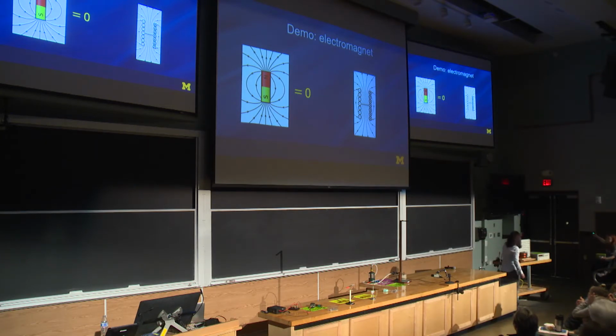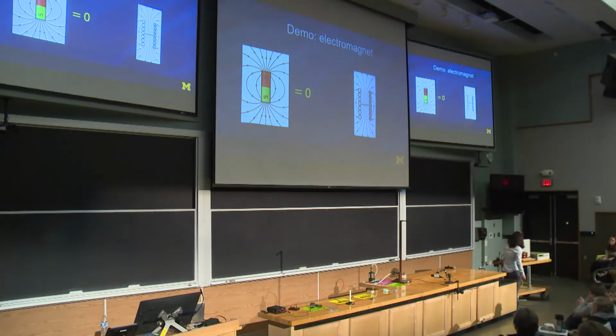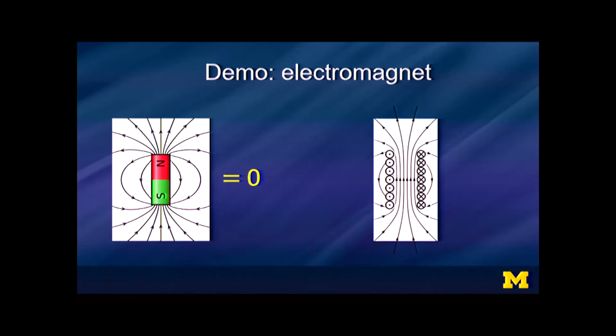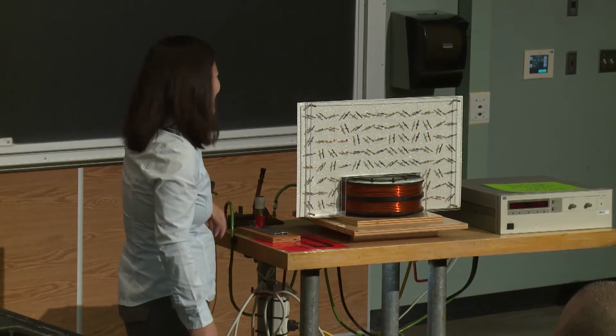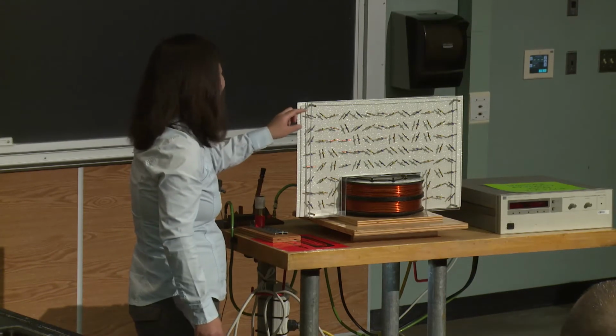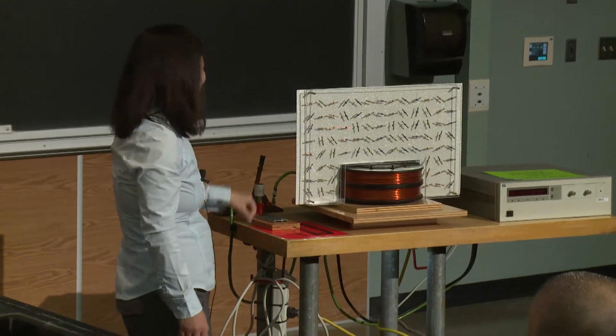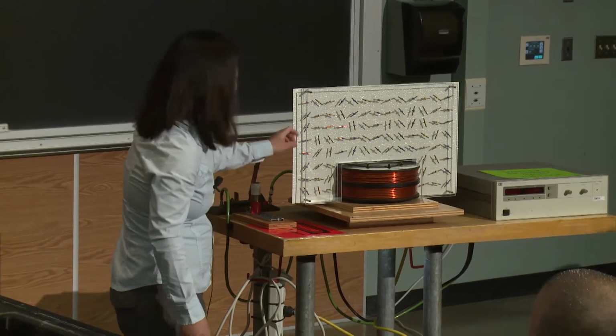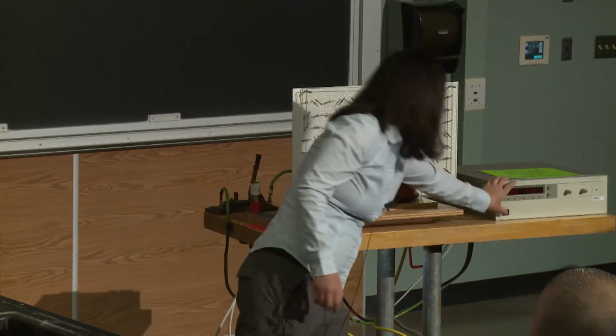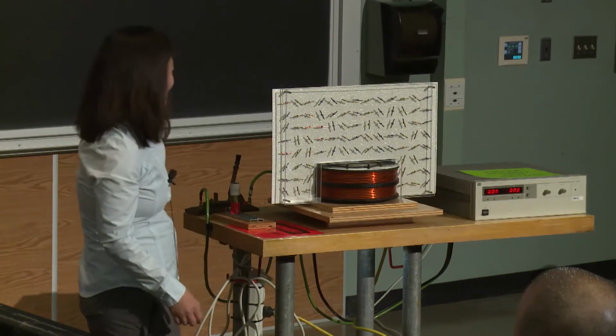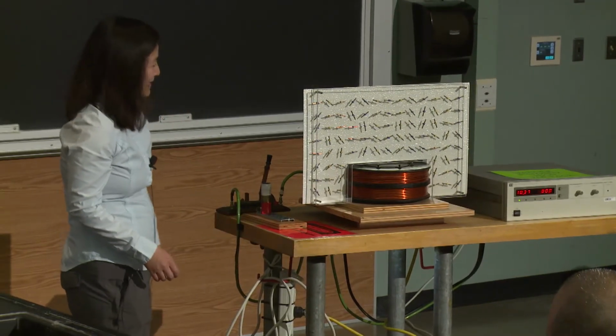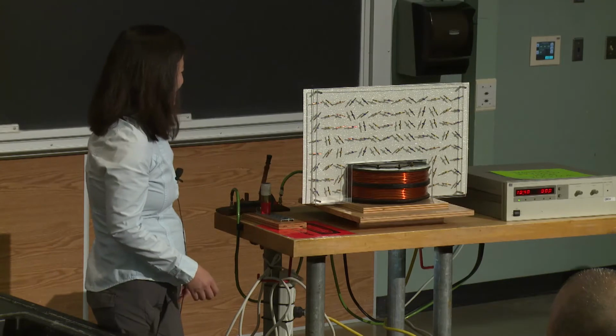What we have here is, again, a coil of wire. And then we have some small pieces of steel, welding rod. What we can do is turn on this power supply so that we will be able to run a current through this coil.